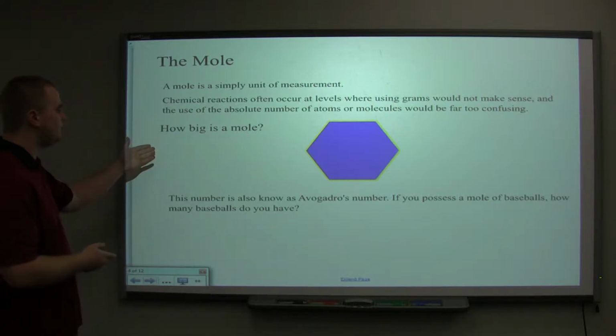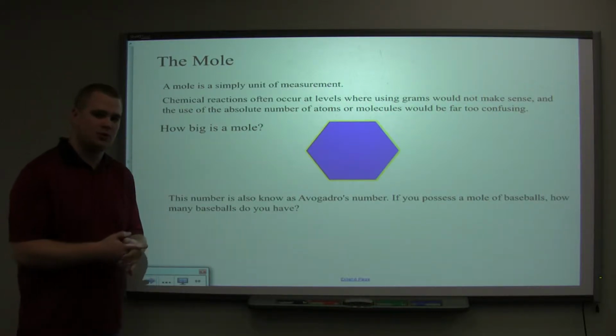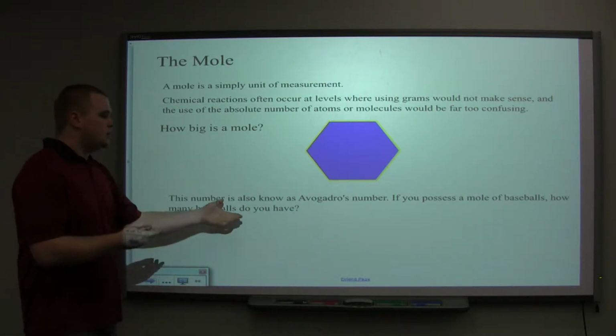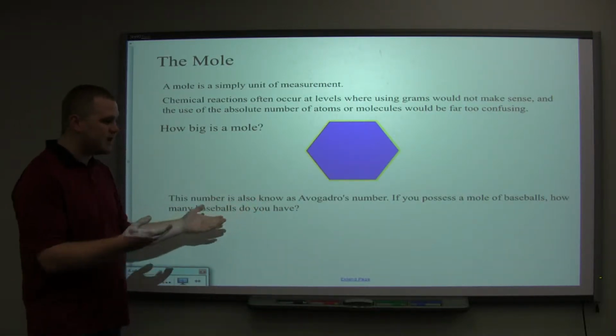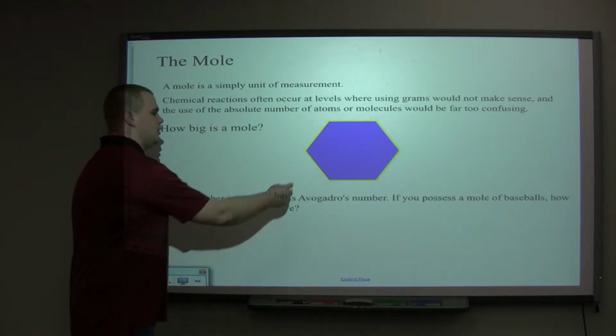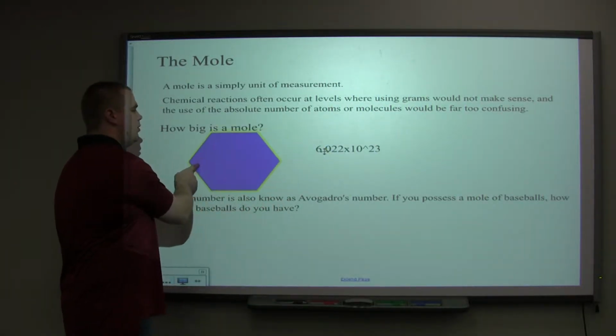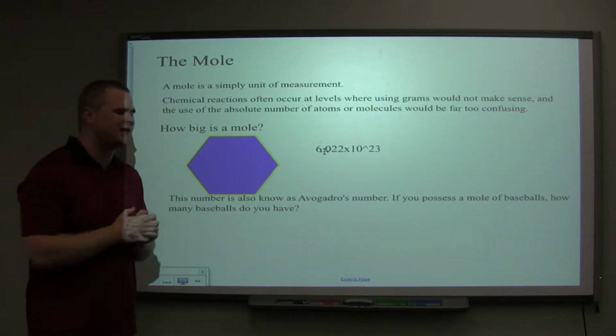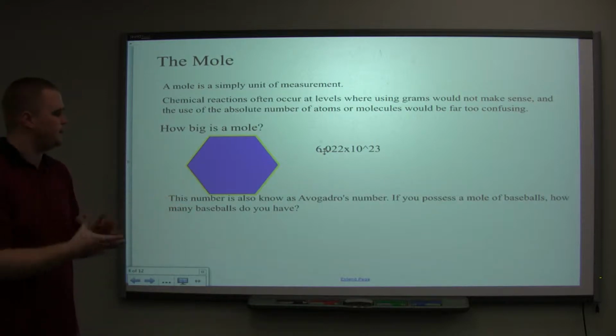Well, moles. How big is a mole? Is it small? Is it huge? Could you imagine how many baseballs would be in a mole? I mean, it uses those as molecules. Well, a mole is 6.022 times 10 to the 23rd. That's an enormous number.